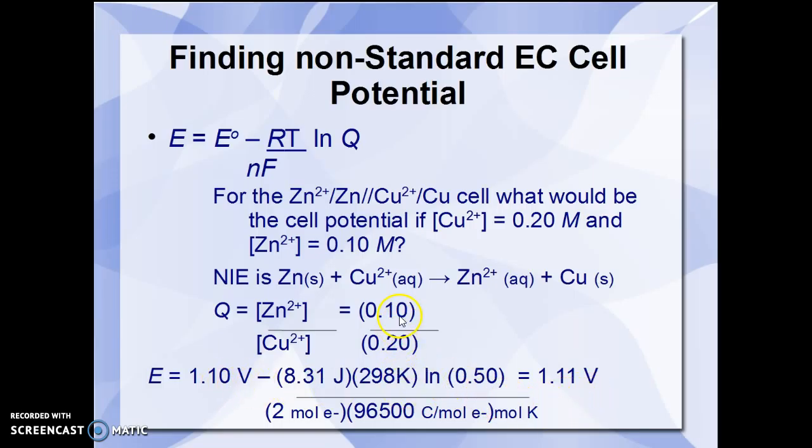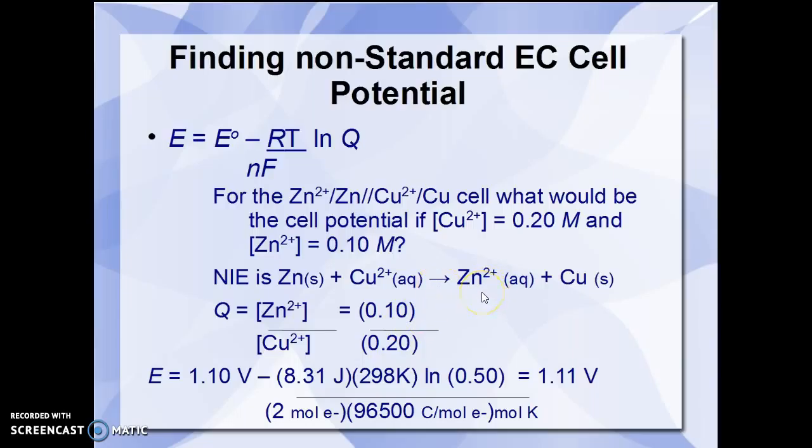So by having the concentration of the zinc here, we find out that we just add 1/100 of a volt, 1%, to the voltage of the standard cell. And of course, the more we reduce the zinc 2 plus concentration, the more the reaction will go to the right.